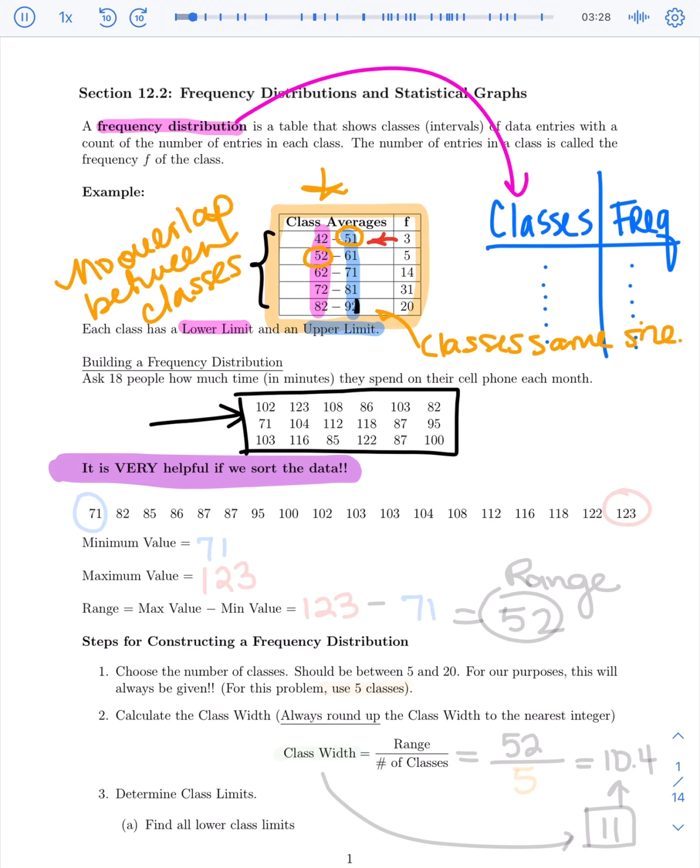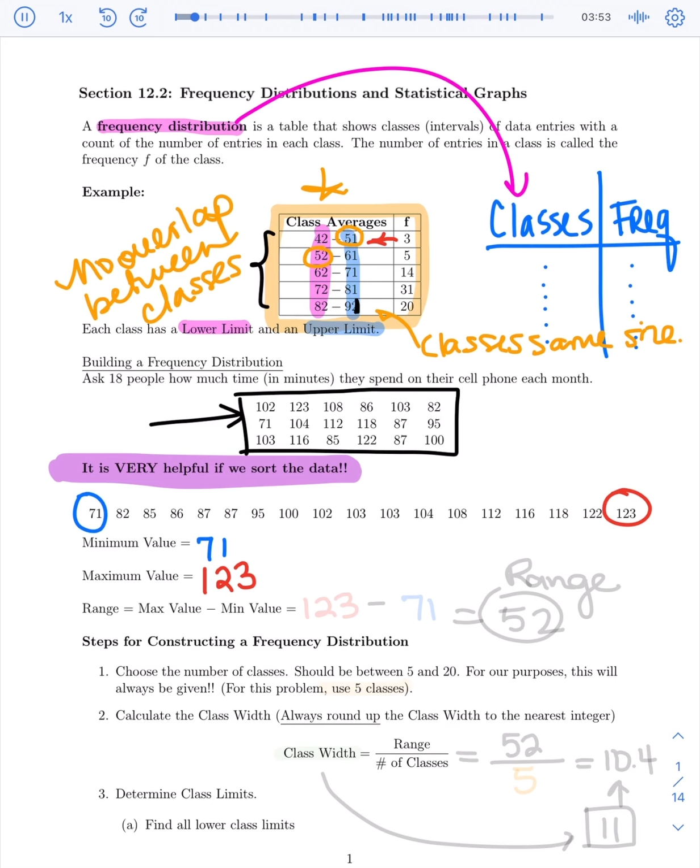Well, to figure out how many numbers we're going to actually cover in our class, we first of all have to start with our smallest, which is 71. That's our minimum value. And figure out what our largest number is. Our maximum value is 123. And if we put it in order, it's a whole lot easier to see that. So how many numbers are we actually covering?